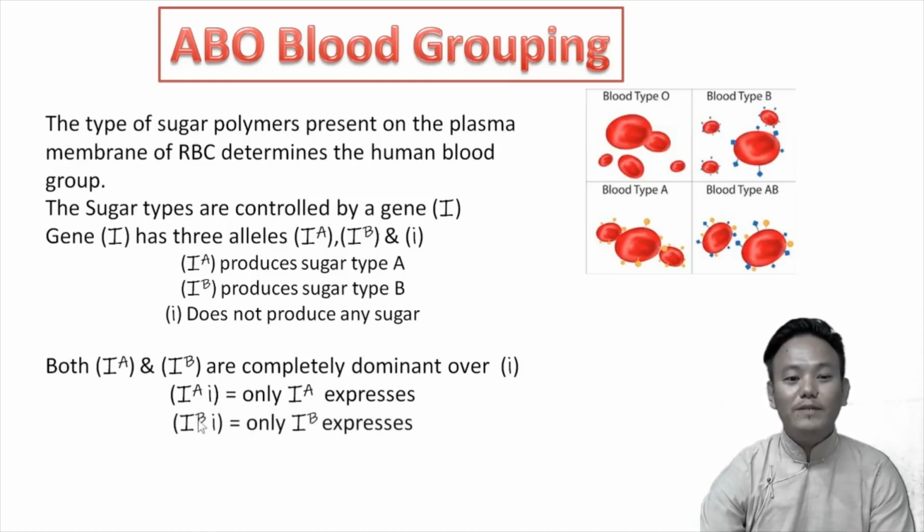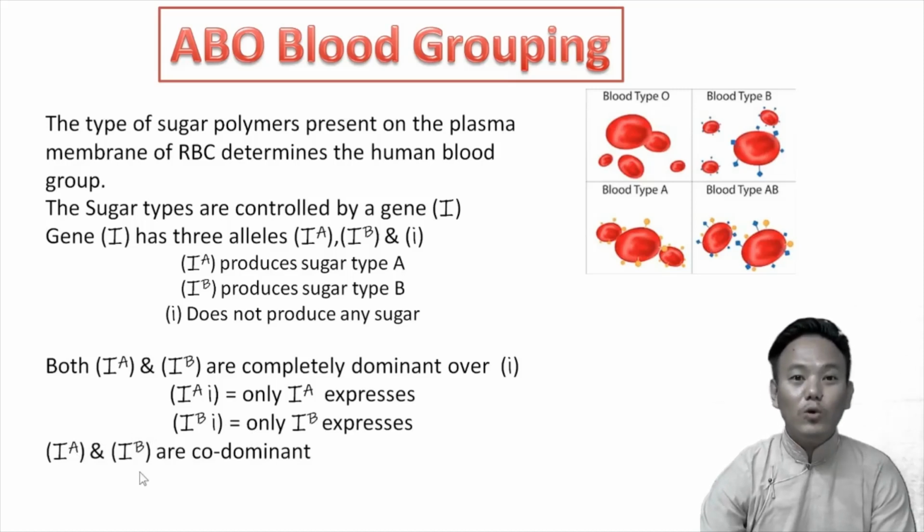Also, IB is completely dominant over i, and if a human being has this particular genotype, his or her blood group will be blood type B. However, IA and IB are co-dominant because they are equally dominant.